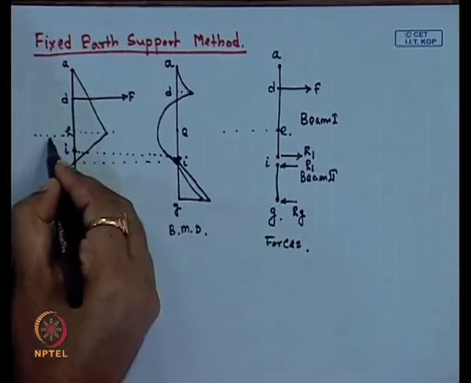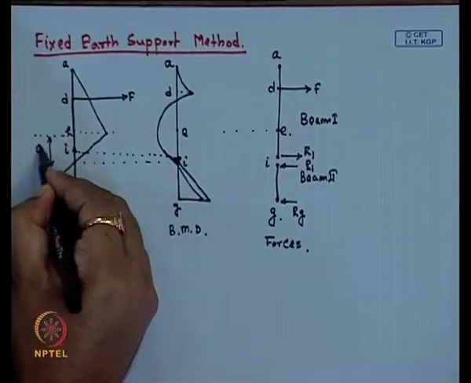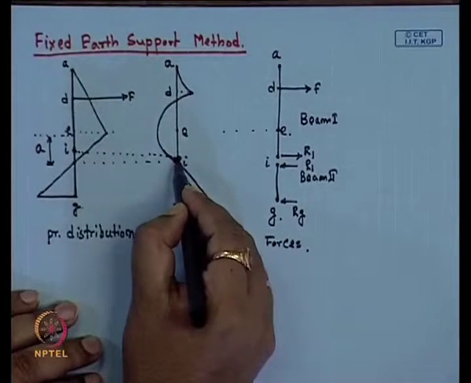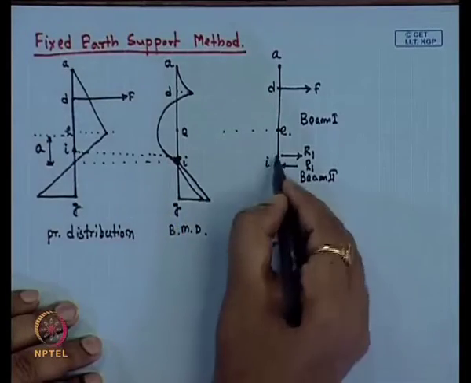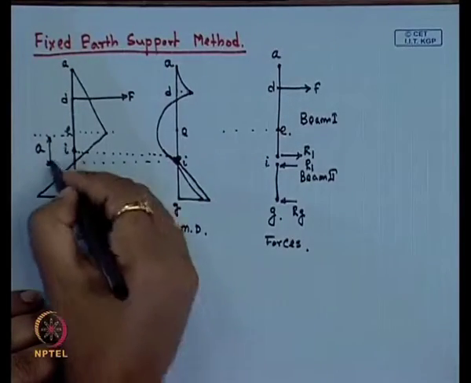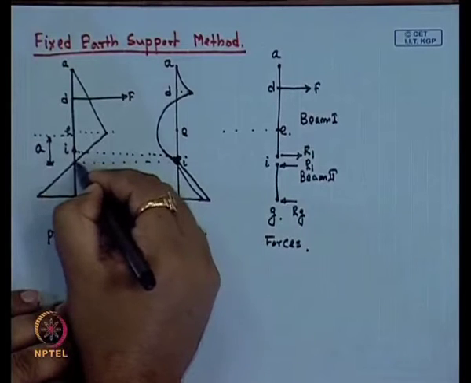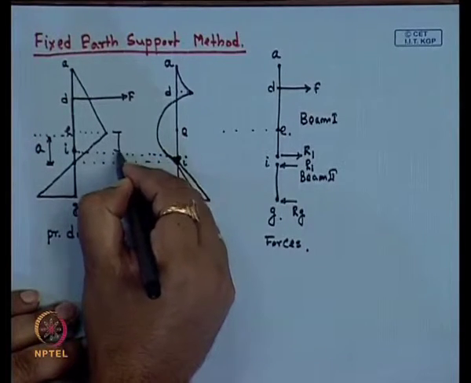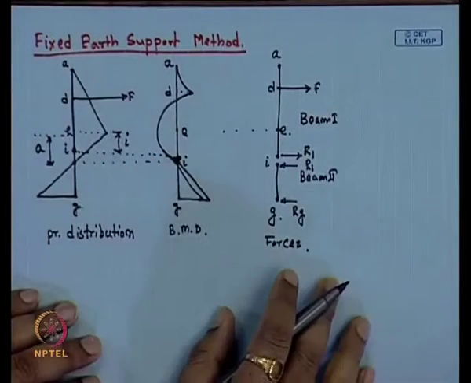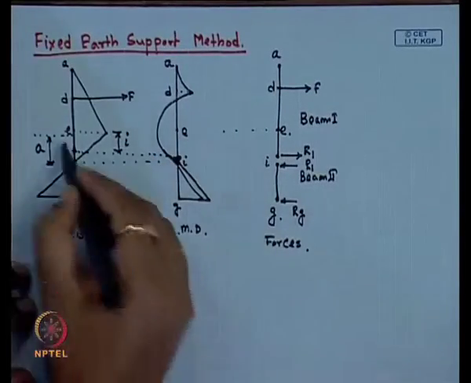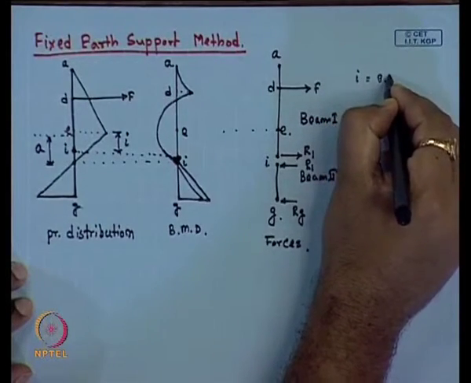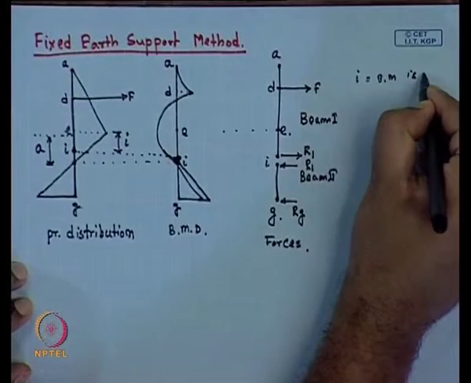This distance, a, is where the stress is 0 from the dredge level, and I is the point where the BMD is 0 from the dredge level. So, I is the point where the bending moment is 0.